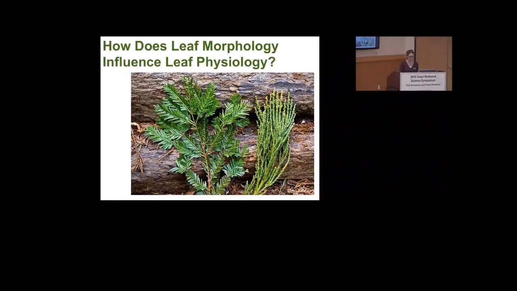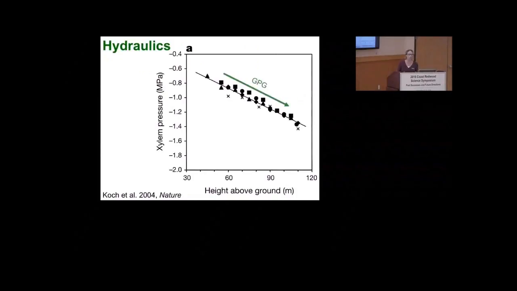And so if we look at water stress in these leaves, this is on the vertical axis, xylem pressure or water potential. So the more negative the number, the more stressed you can think of that water environment. Here on the x-axis, you've got height above ground, and you can see that at 110 meters or so, the xylem pressure is more negative than at the base of the live crown.